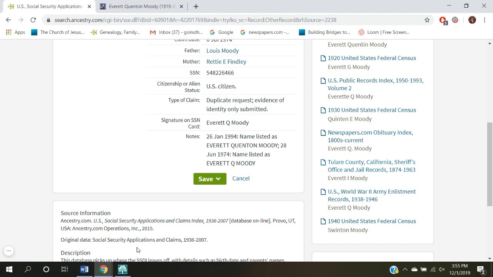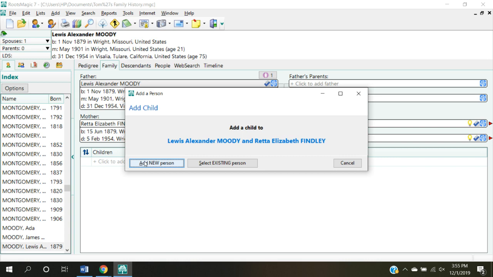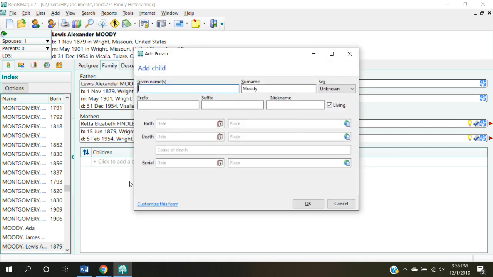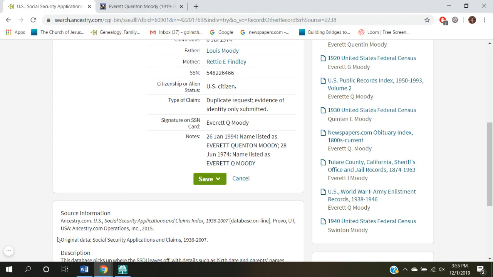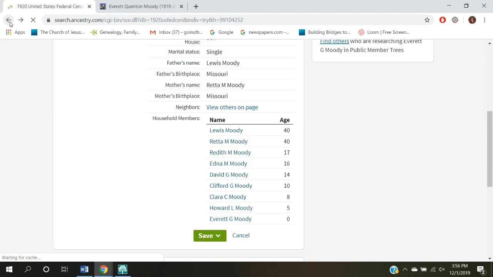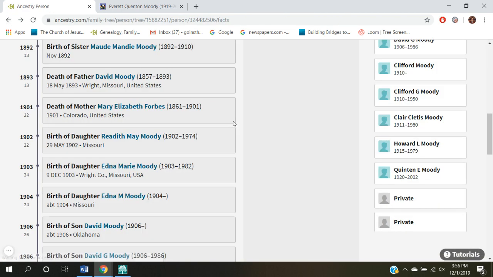Okay, let's go back to Roots Magic and start putting in the children that we know the information for. So I click on that, add a new person, and we'll go back to our family tree. And here we go.